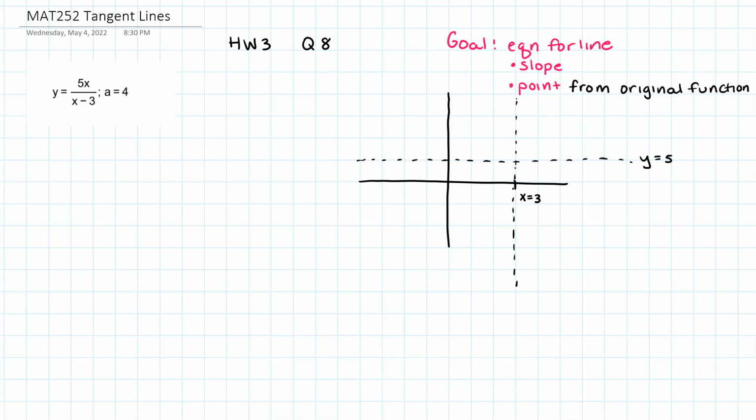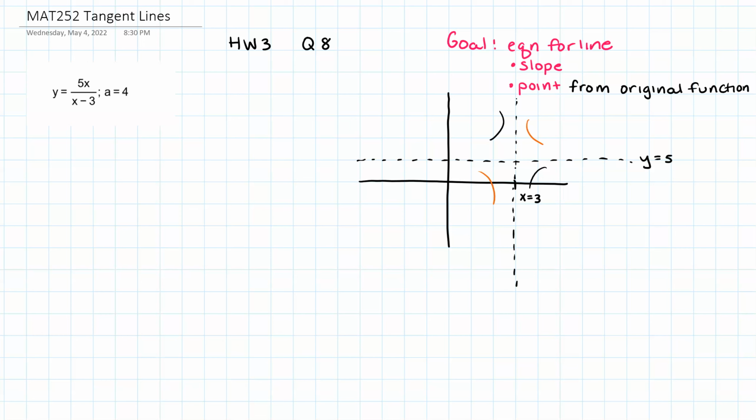Now, when you have a vertical asymptote like this, unless you have a squared on the bottom, which we don't, we're either going to have something that looks like this or something that looks like this, right? Either the black curves or the orange curves.